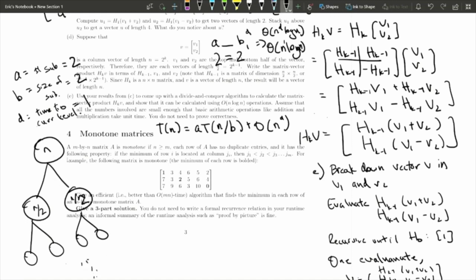These trees hopefully look familiar if you took 61B, but basically the top level is T of n, right? And in T of n, we have a runtime for the current level of n to the power of 1, or just linear time. And then we break down T of n into 2 subproblems of size n over 2.